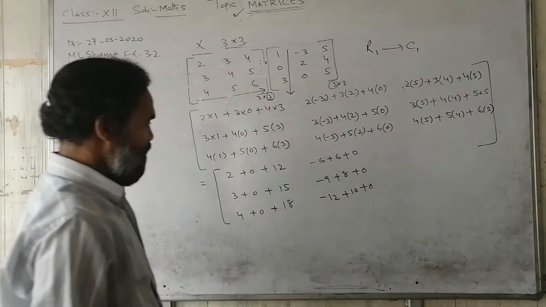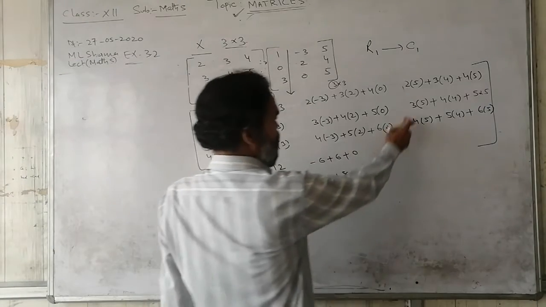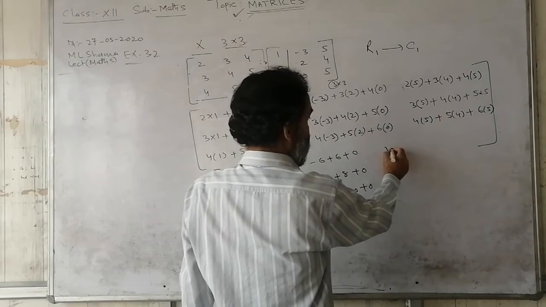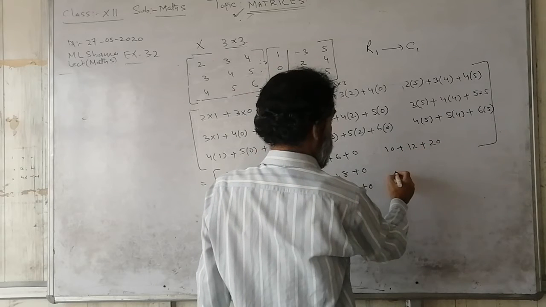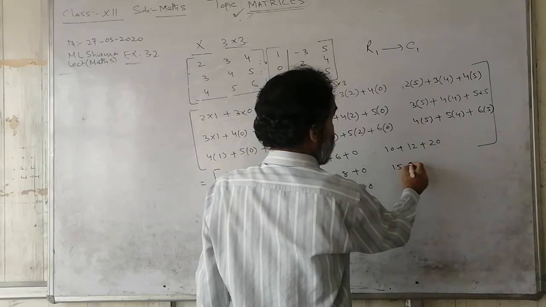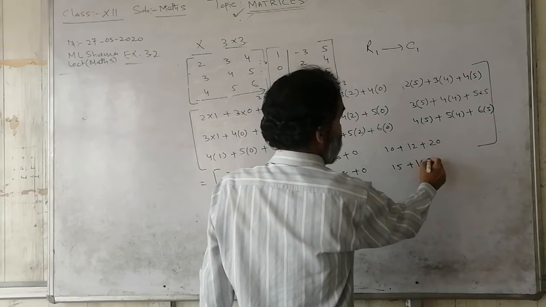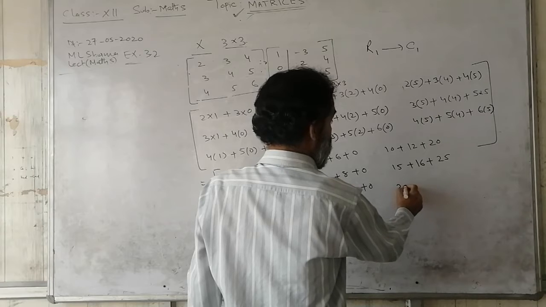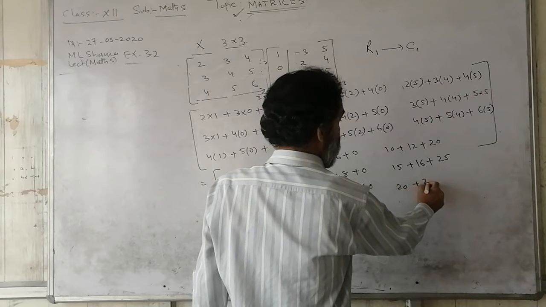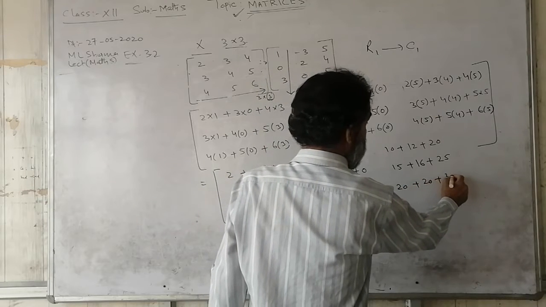And the column third elements are 10, 12, 20, then 15, 16, 25, and lastly 20 plus 20 plus 30.